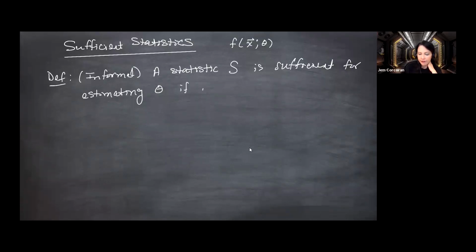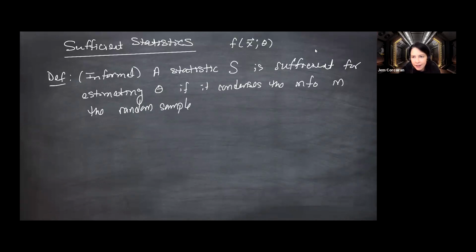So it's sufficient for estimating theta if it condenses the info in the random sample without sacrificing any information about theta. I guess if I say random sample, I am talking about IID things, but this definition does not necessarily need IID things.